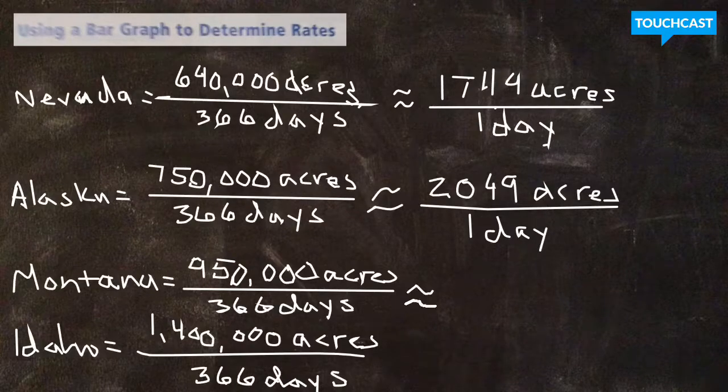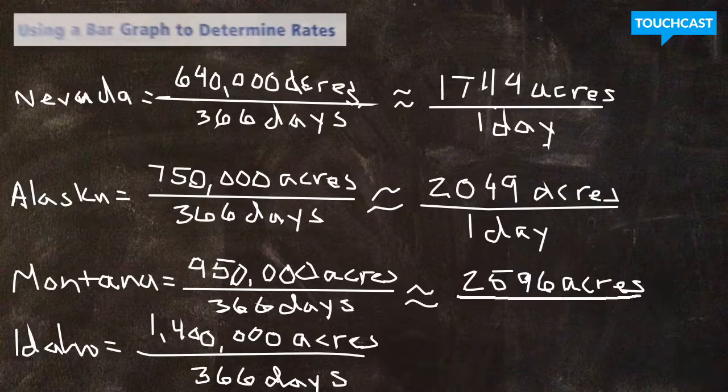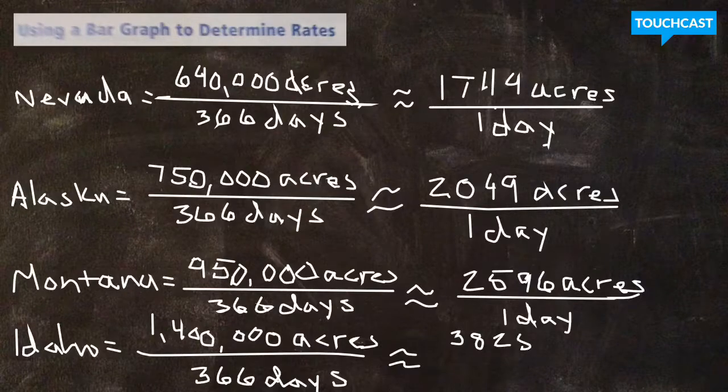If we divide 950,000 by 366, that will give us about 2,596 acres that were burned in Montana per day. And if we divide 1,400,000 by 366, that will give us about 3,825 acres burned in Idaho per day.